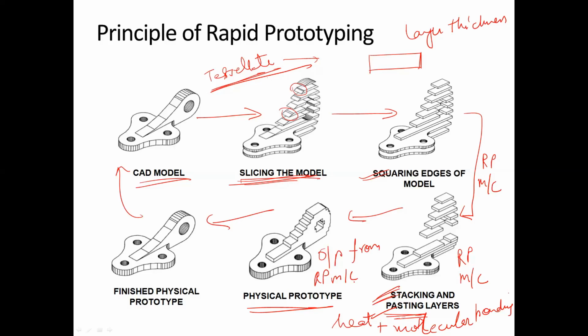Now, once you get an output from an RP machine, what you observe over here is this. What is this? Can you see this effect? Yes. Can you relate it to something that you have seen in your day-to-day life?